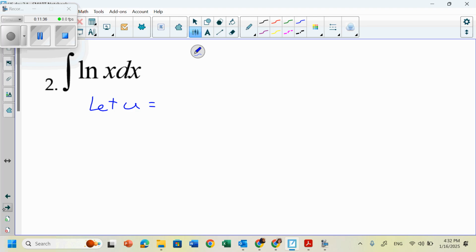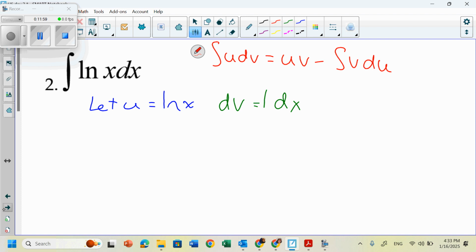And again, the integration of u dv, I'm sorry, I wrote that wrong. This is dv, not u. u dv is equal to uv minus the integration of v du. And again, that's that same formula that I have sitting over here. Alright, so we got this. Let's see if this will work. If I say that u is natural log of x, then du is 1 over x dx.